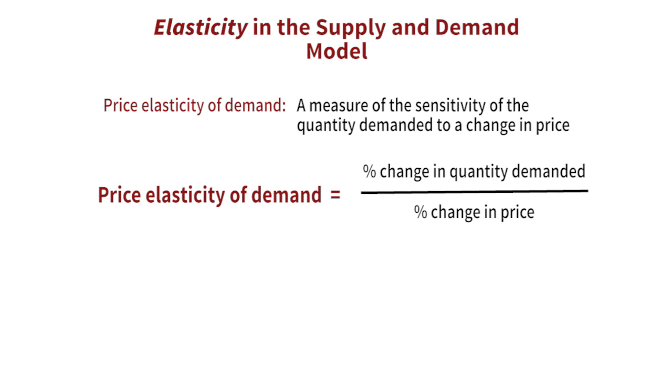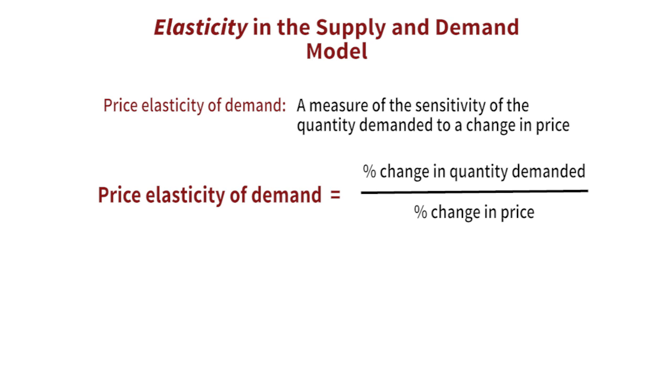So just a sensitivity, if the price of apples goes up, does the quantity demanded go up by a lot, or does the quantity demanded go up by just a little bit? That's the sensitivity of the quantity demanded to that price. It's a particular numerical measure too, which is really just comparing the percentage change in the quantity demanded to the percentage change in price.